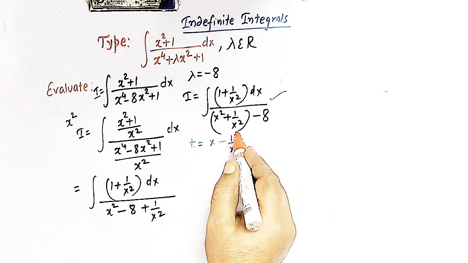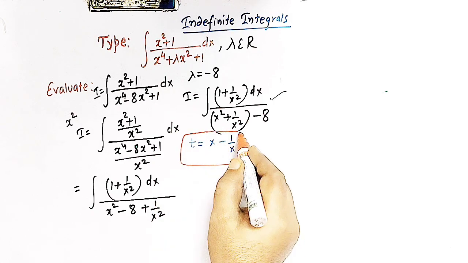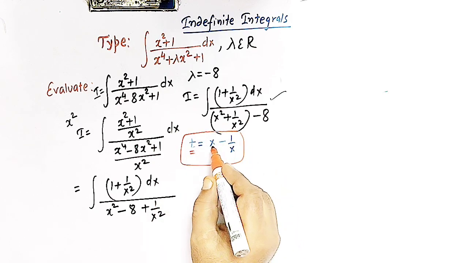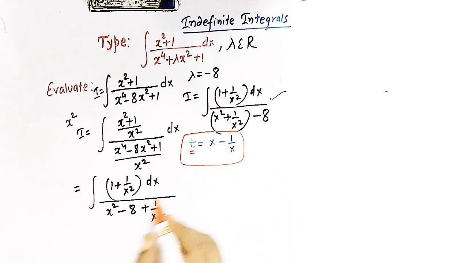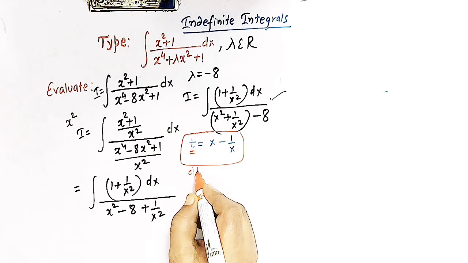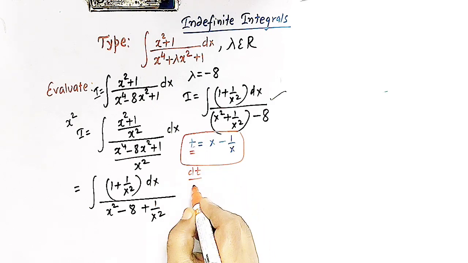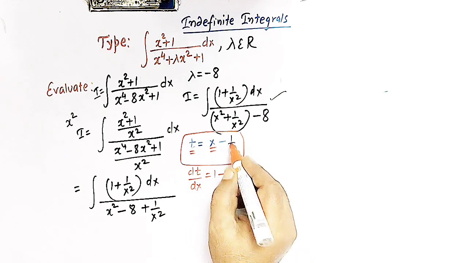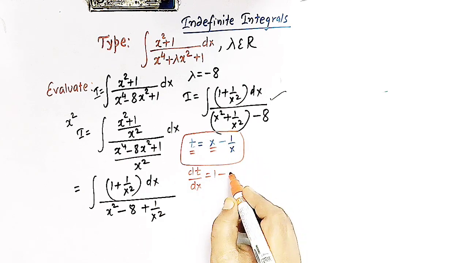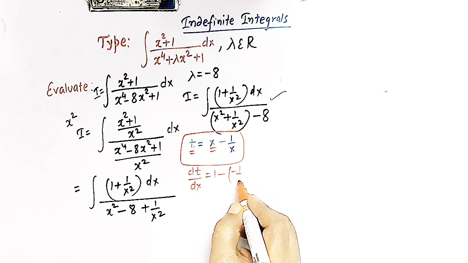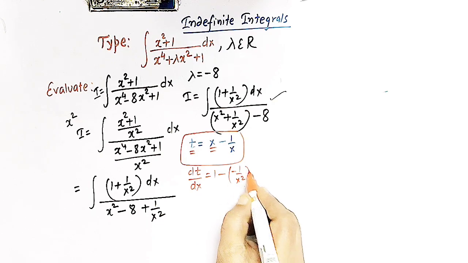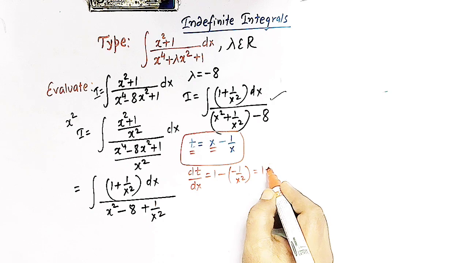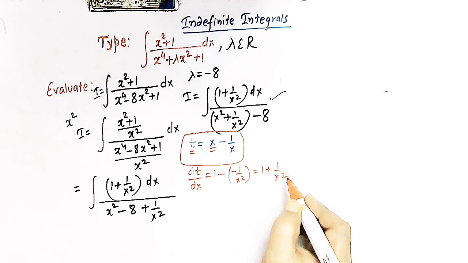So here we assume this substitution, that is t is equal to x minus 1 over x, because when we find the derivative of t with respect to x, we have the derivative of x as 1, and the derivative of 1 over x is minus 1 over x square, and this becomes 1 plus 1 over x square.